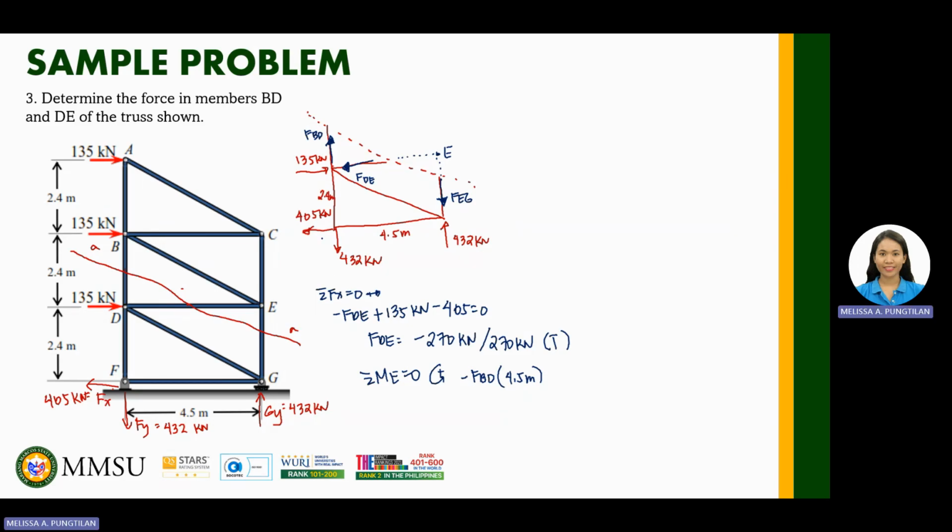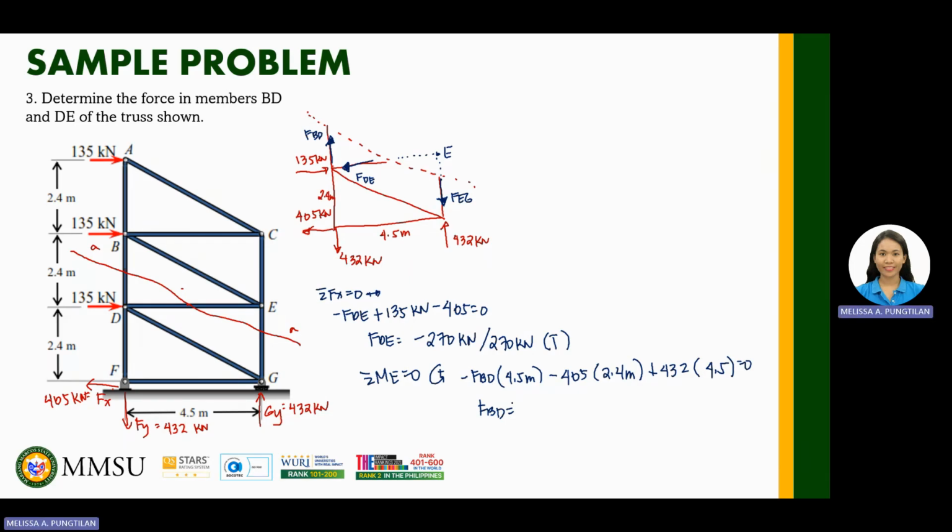And then, we are left with 405 and 432. So, 405, it will create a clockwise motion. So, minus 405 multiplied by 2.4 meter as the moment arm. And then, yung 432, it will create a counterclockwise. So, plus 432 multiplied by 4.5 is equal to 0. Therefore, FBD is equal to minus 405 times 2.4 plus 432 times 4.5, divided by 4.5.